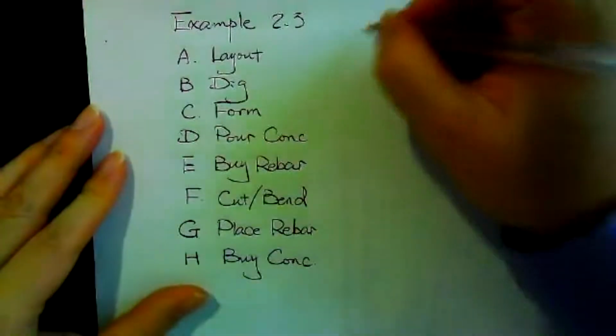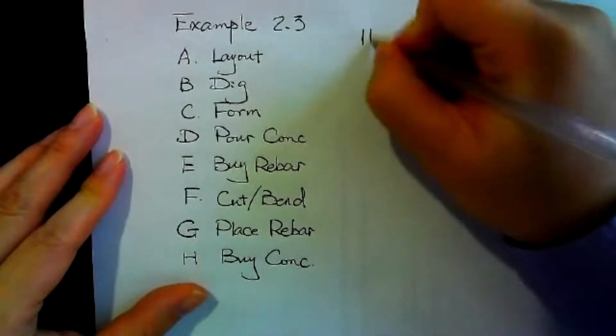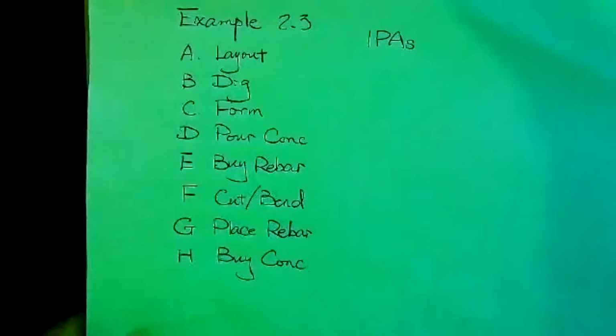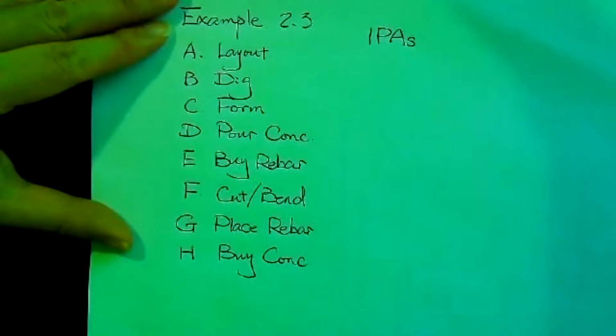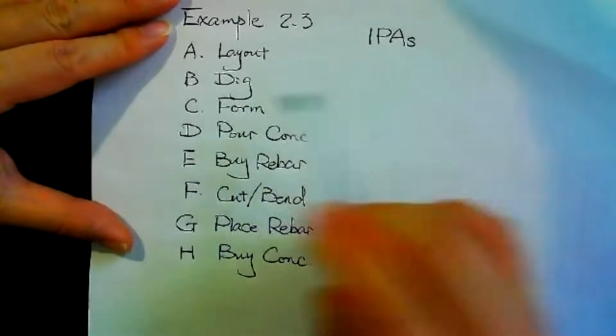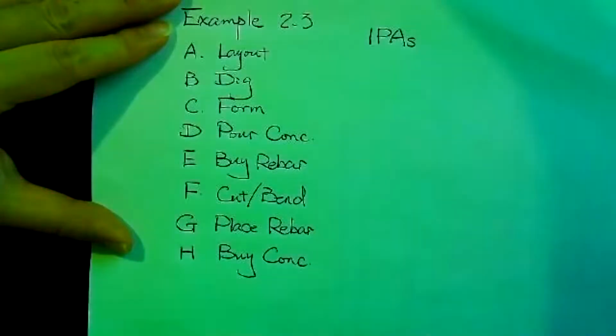Okay, now on the right hand side over here, we have another column called IPAs. So we need to prepare the IPA table. We need to go over each item to find which activity has to be completed immediately before that.